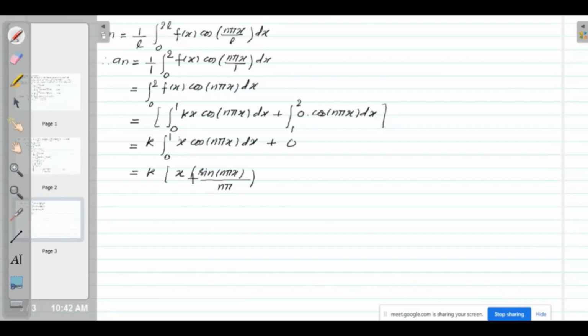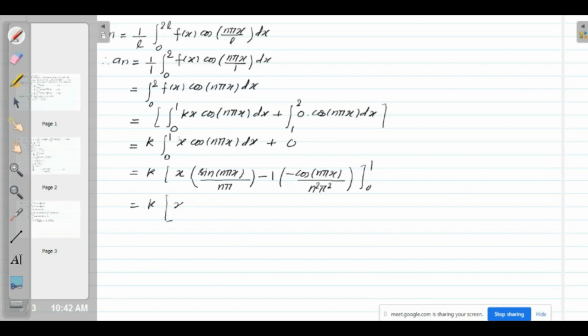Minus the derivative of x, which is 1, and the integration of sine is minus cos n pi x divided by its coefficient; n pi is already here, so this is n square pi square. Just provide limit 0 to 1, so this equals k; just simplify, then apply the limit.